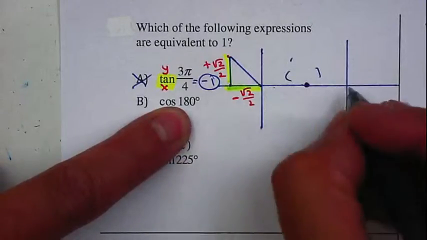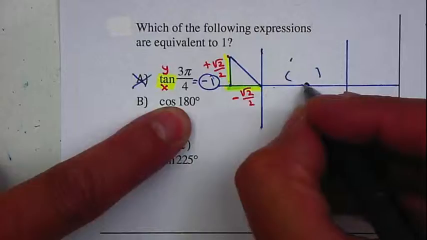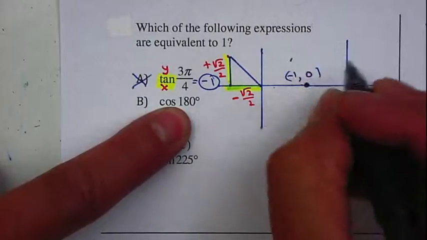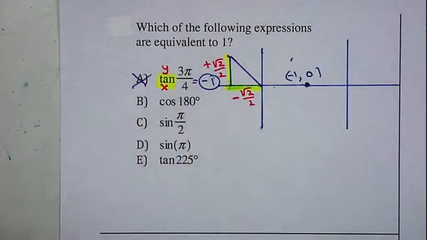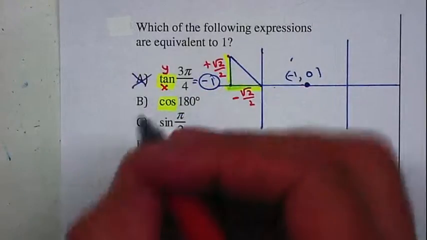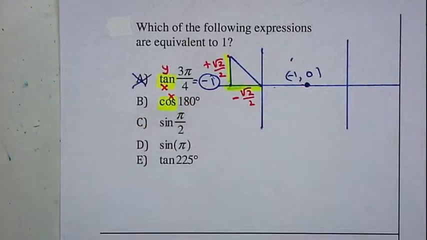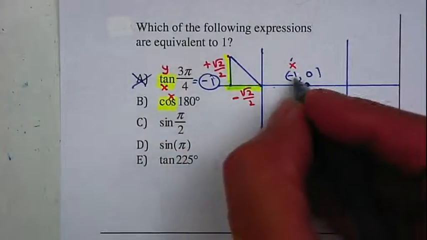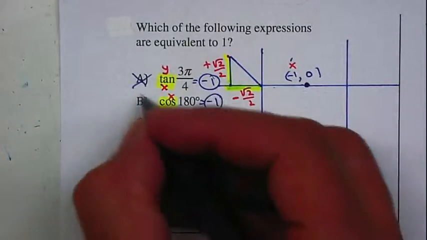This is a unit circle, so this will be negative 1, comma 0. Then I need to think: cosine, is that my x or my y? Cosine is my x value, and your x value is negative 1. So B is not the answer.